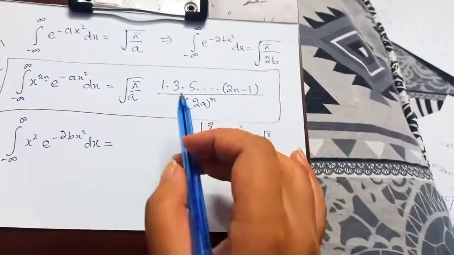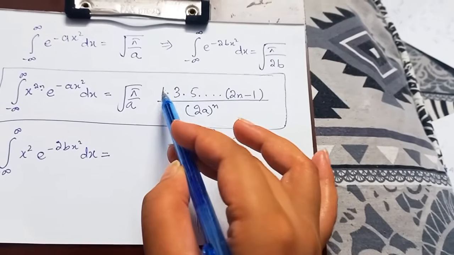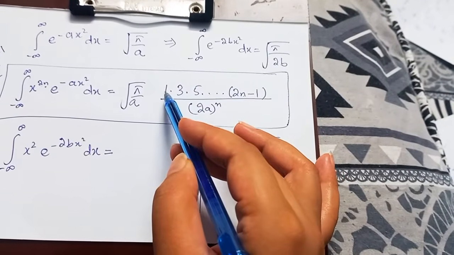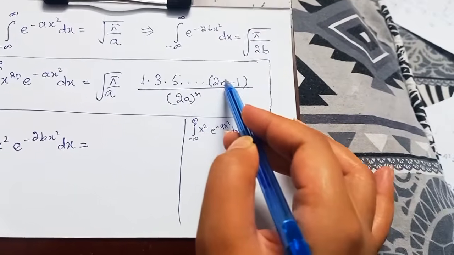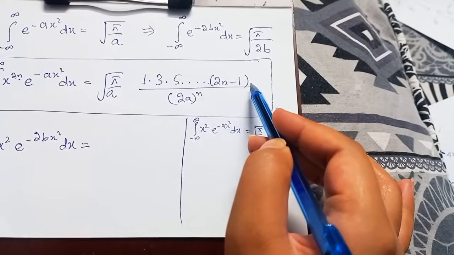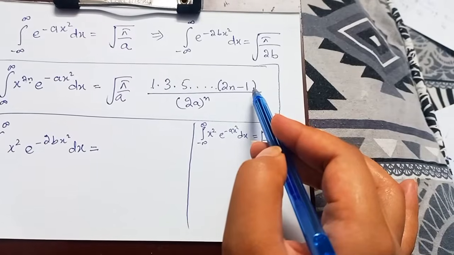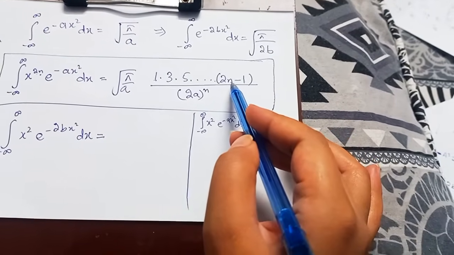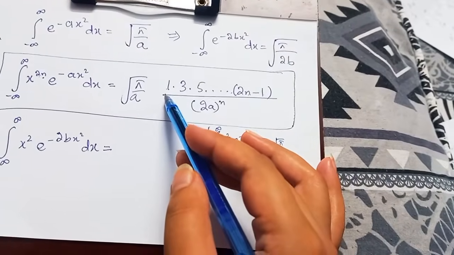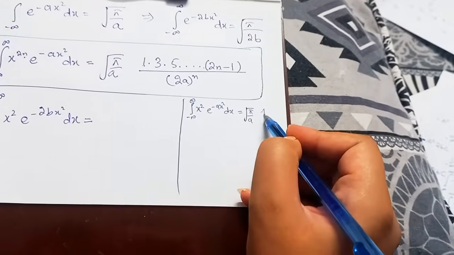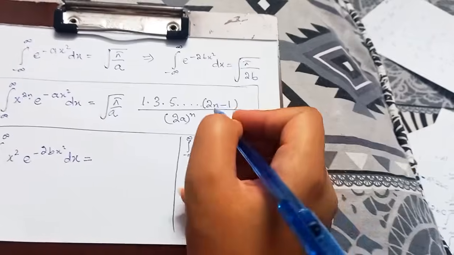So we have to take the last number to multiply as 1, which means the higher quantities will not be there. 2n minus 1 shows the last number in this sequence, and the last number in this sequence is 1, which is actually the first number as well. So only 1 will be there.